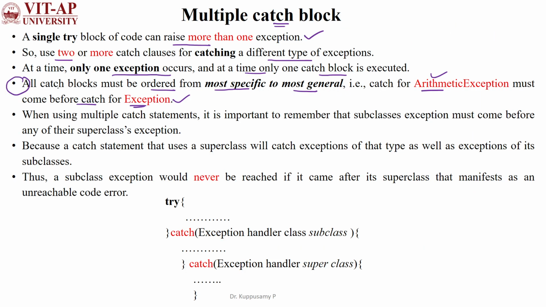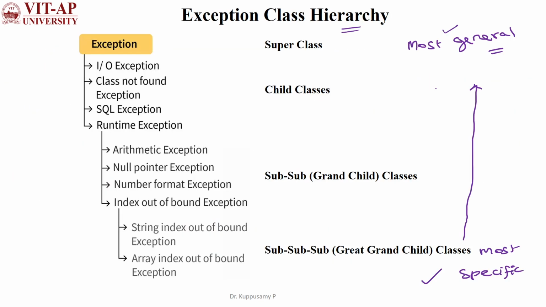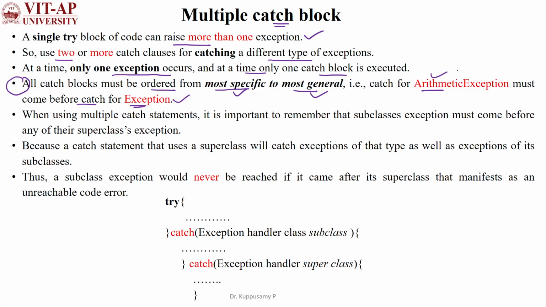That's what we are writing here. All catch blocks must be ordered from most specific to most general. For example, if you have arithmetic exception, it has to be written first, and only then you write the exception class after this. First we have to catch the arithmetic exception before catching the most general class, exception.